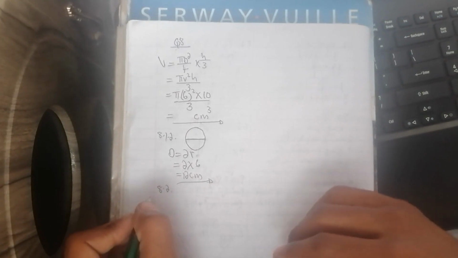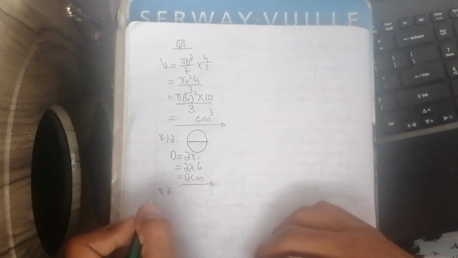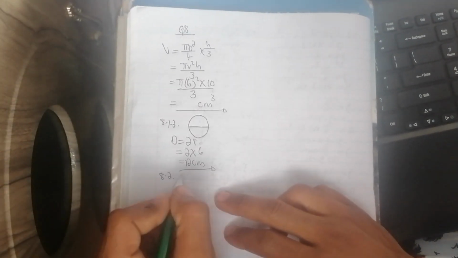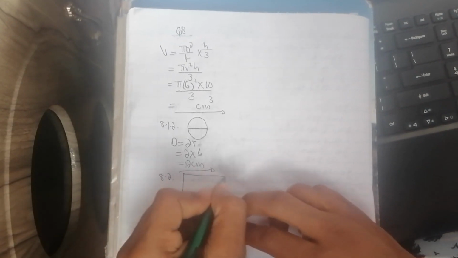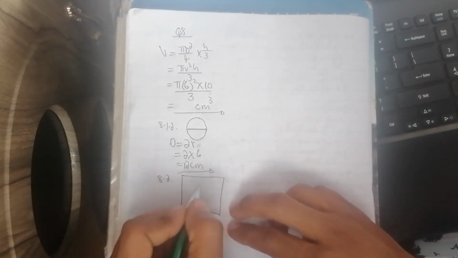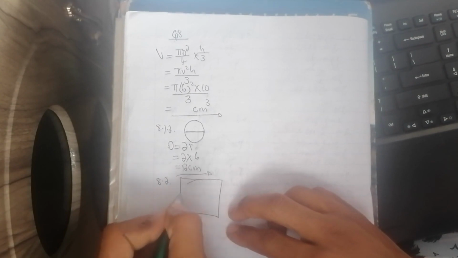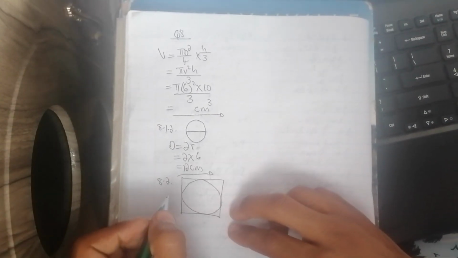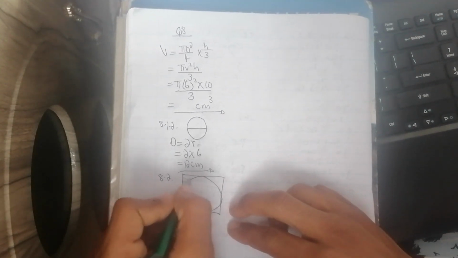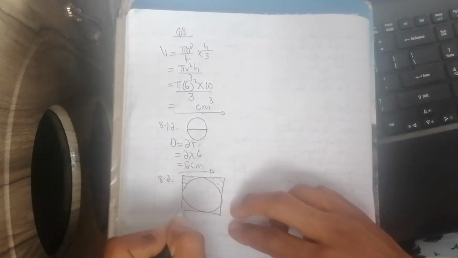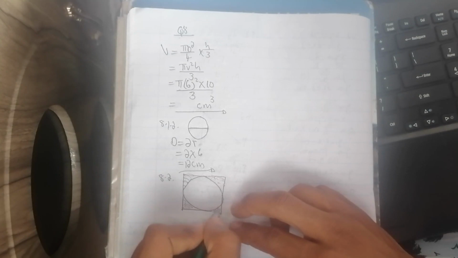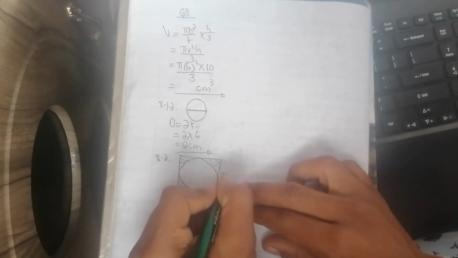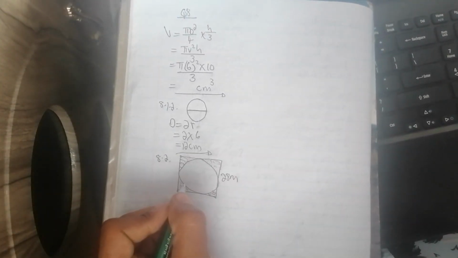In 8.2 they say the following. This is what we are given. There's a circle in here, and we need to find the area of this. We are given 28 meters.